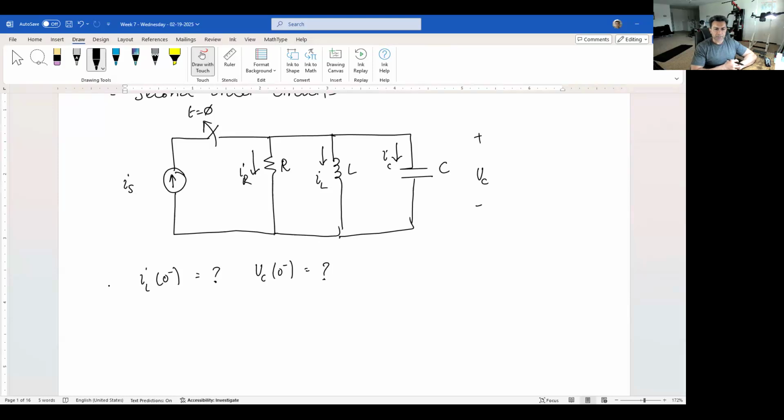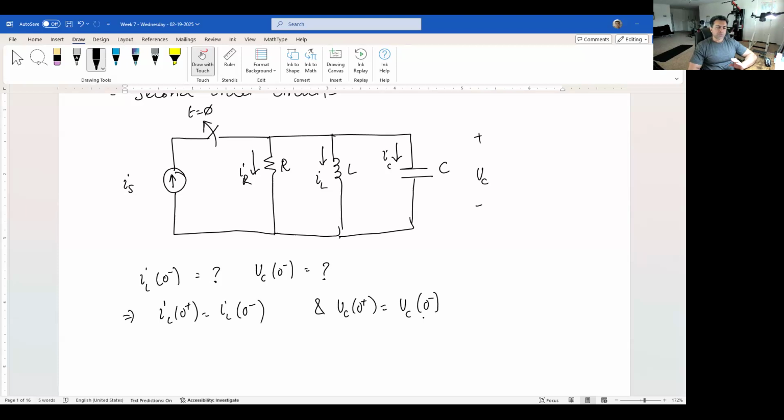And the same goes for the capacitor voltage. So that's why we find these two values: IL0 positive is equal to IL0 negative, and VC0 positive is equal to VC0 negative.